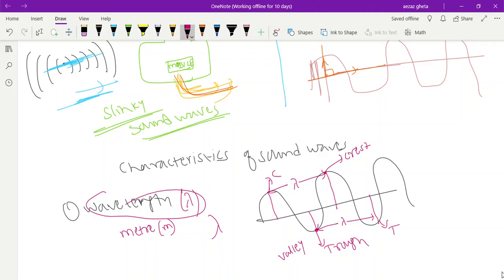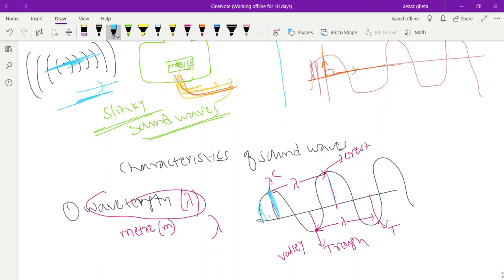Now amplitude. What is amplitude? The maximum displacement of a vibrating particle from its rest position. See, this is the maximum displacement. Here the particle is displaced, but it is not maximum. Here at the center it is maximum.